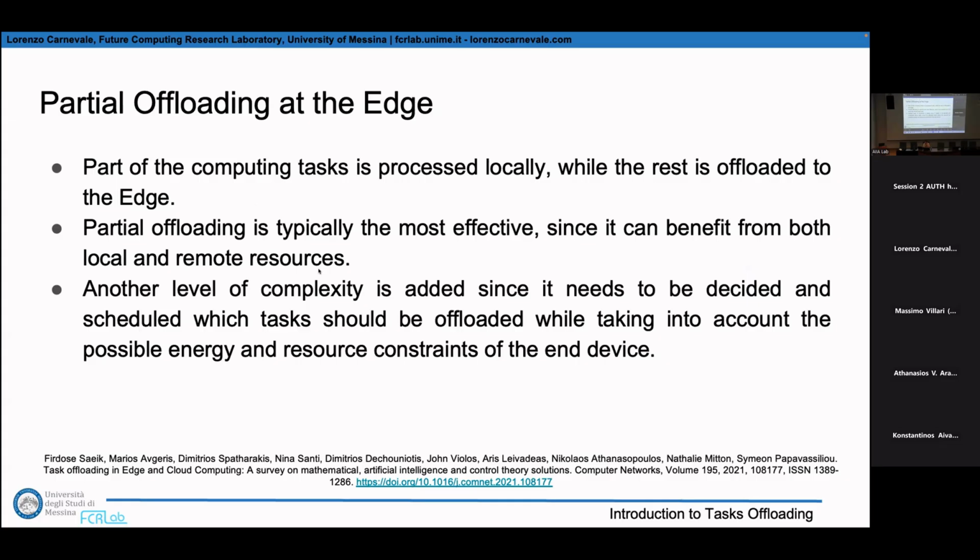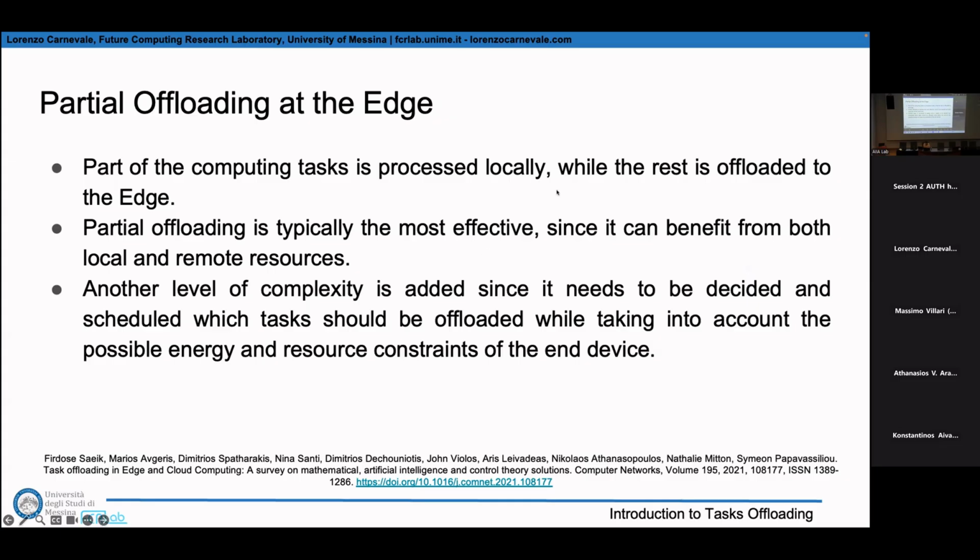Let's now see them one by one. So when we talk about the partial offloading at the edge, like the name says, part of the computation task is processed locally, while the rest is typically offloaded to the edge. Okay, so specifically from the end device to one level up.